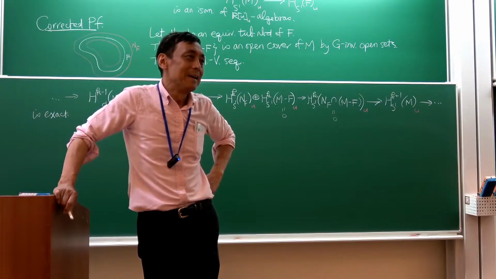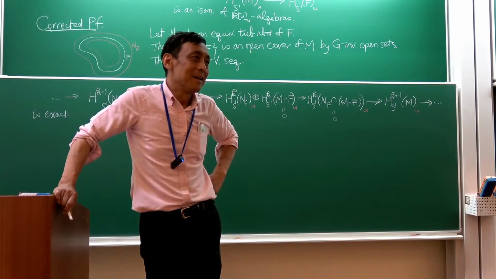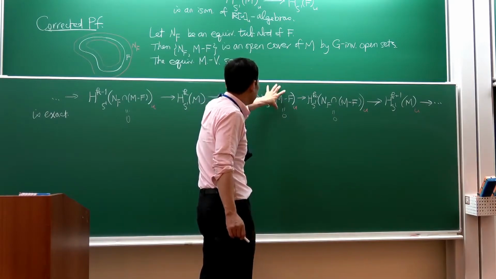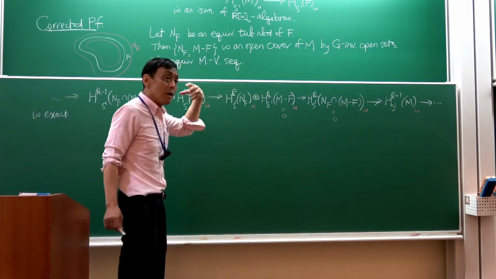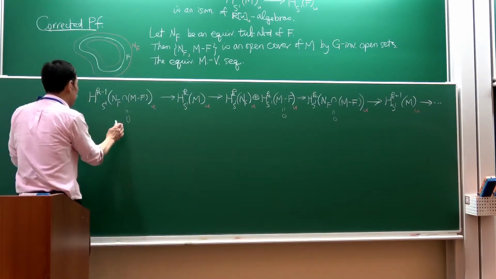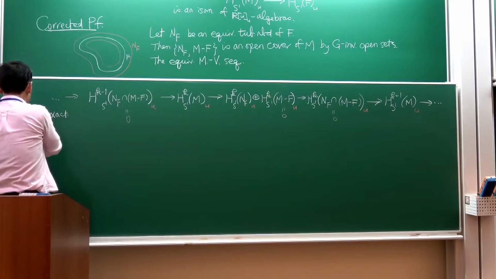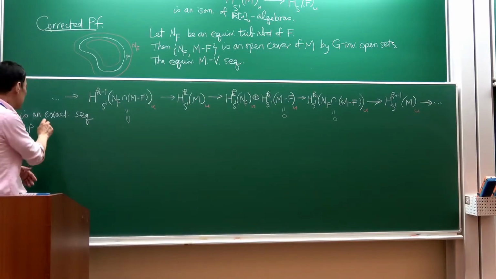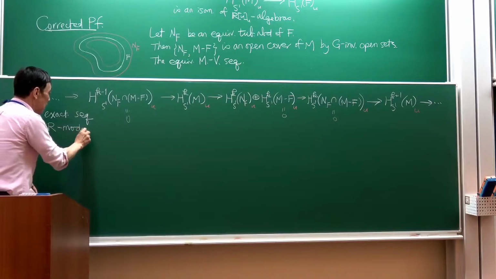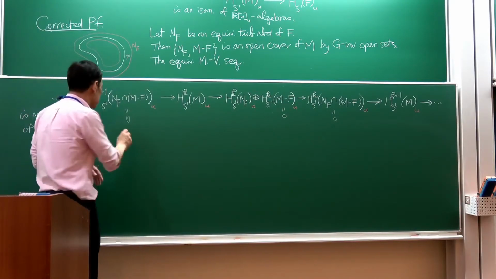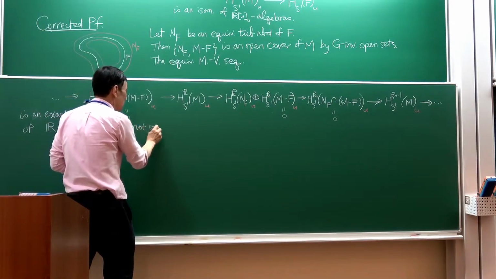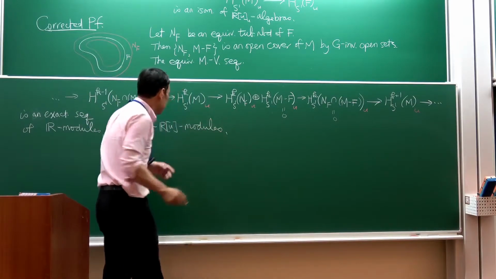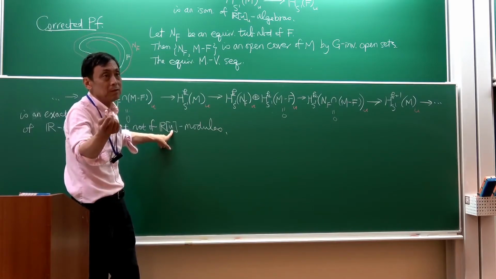Well, each H^k is not an R(U) module. That's right, yeah. It's because each piece is an R module, it's a vector space. This is an exact sequence of R modules, but not of R(U) modules, because when you multiply by U, you increase the degree by 2.